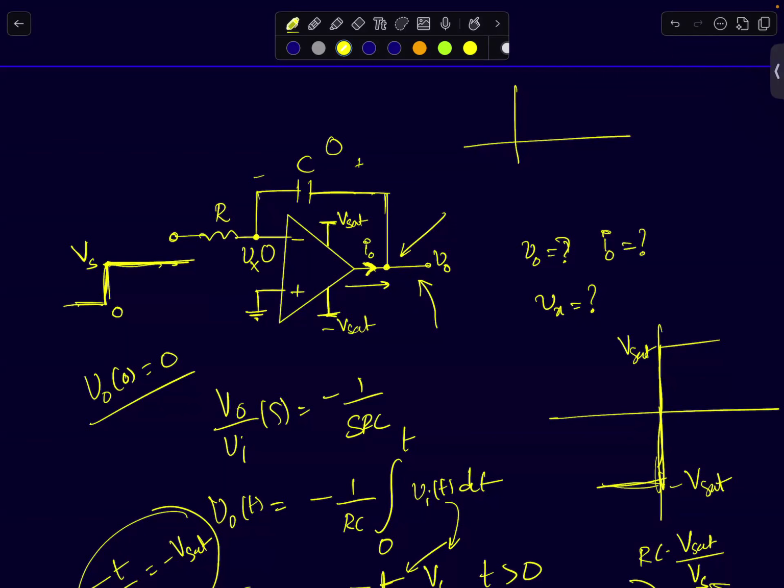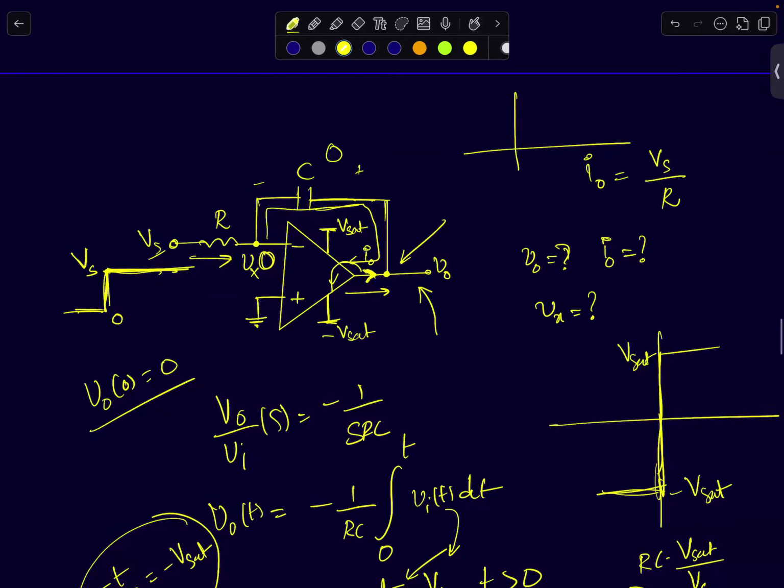Whether it is in negative feedback or not, I'll come back to that later. But right now you can assume that it's in negative feedback. So if this is 0, the current that's going to flow is Vs by R. That current flows through the capacitor constantly, a constant current, and that is being taken in by the op amp. So the current I naught is simply given by Vs by R. It will be a step current.